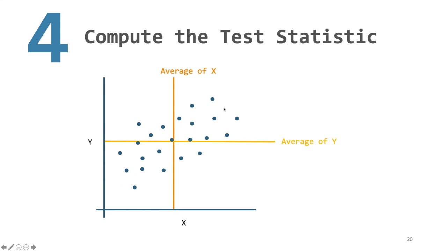The reason why is you have more points in this quadrant, here and here, which is, in both cases, a positive z-score for x and a positive z-score for y. So when we times both positives together, we get a positive. So this one right here is a positive value that gets fed into the correlation. This one, also positive. It's on this side of the x mean, and it's on this side of the y mean, so this one's positive.